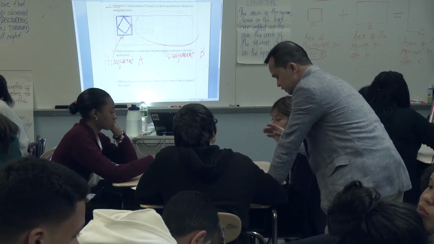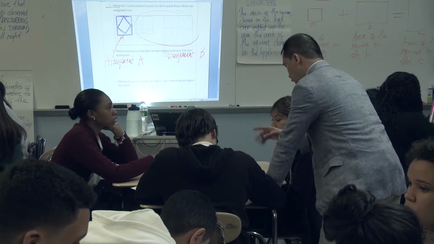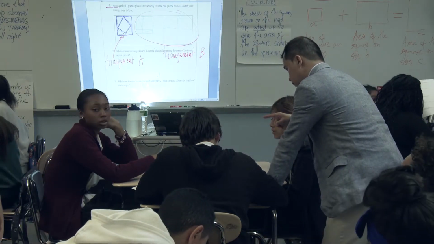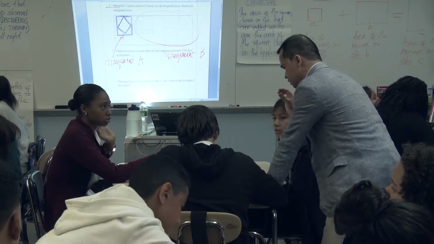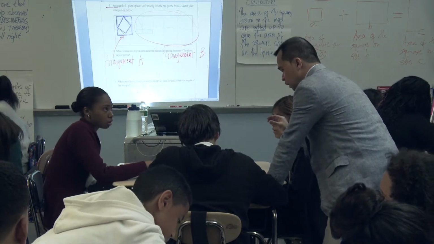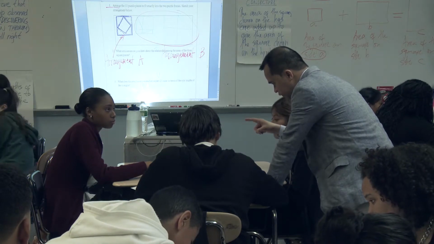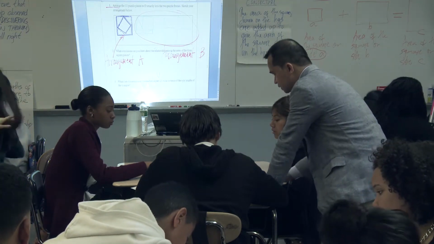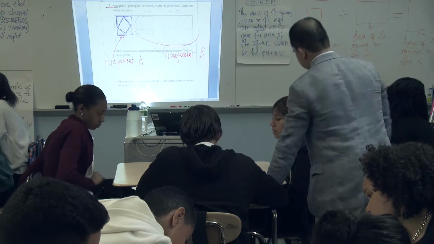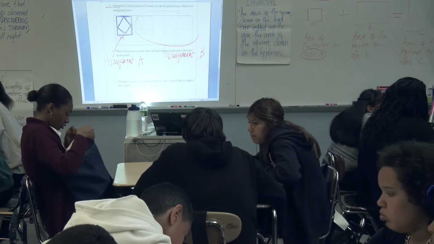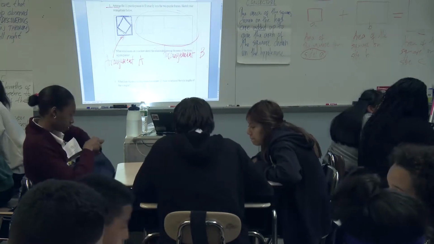I want you to pay close attention to what I'm asking, because of course there are a lot of relationships you can draw from those puzzles, right? But I'm asking for a specific relationship. Can you draw a conclusion about the relationship among the areas of the square pieces? Among the areas of the square pieces.